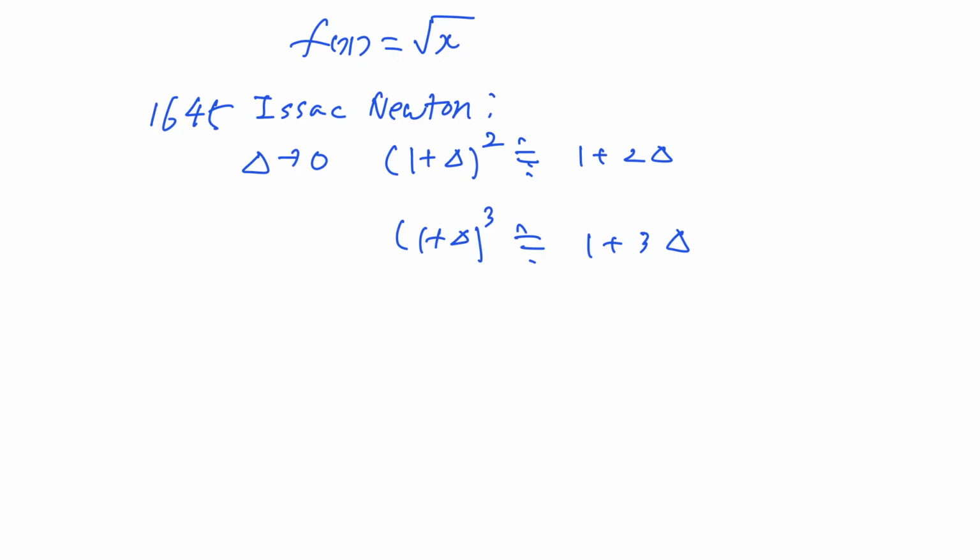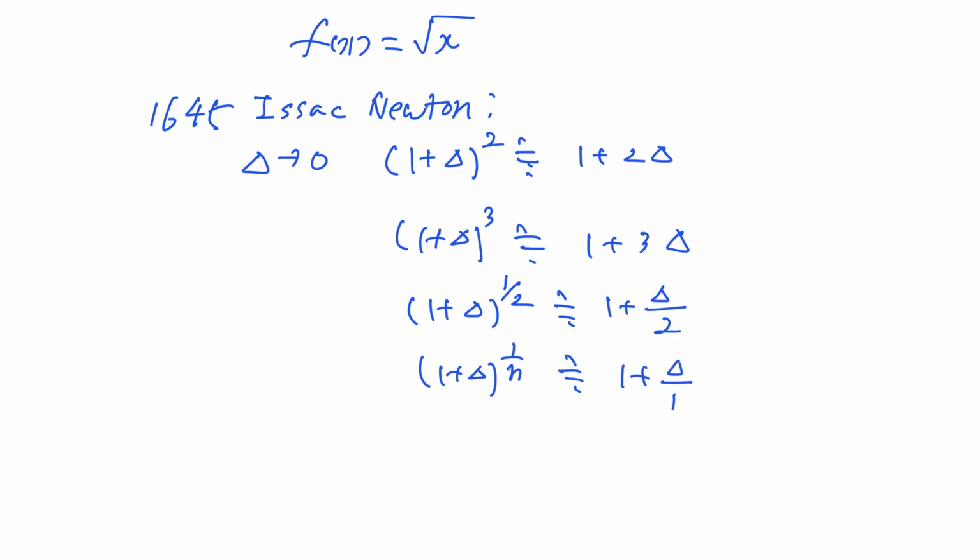So using that logic, Newton assumed that (1 plus delta) to the 1/2 will be close to 1 plus delta over 2. Or (1 plus delta) to the 1 over n is 1 plus delta over n.